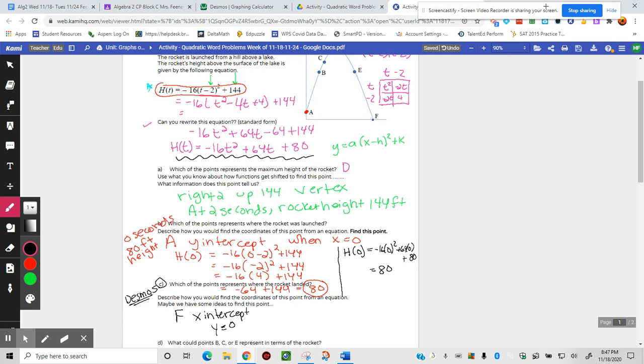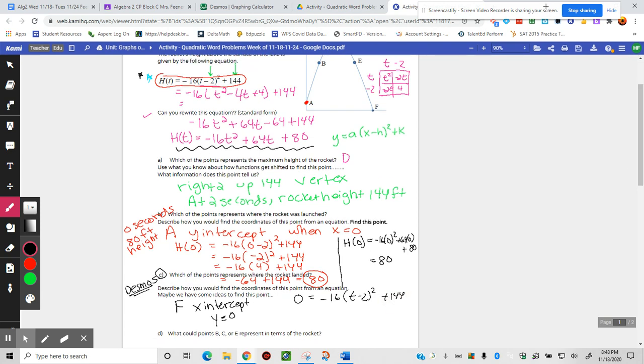Okay. Well, there are some other ways to solve it. I'm not sure what you guys have for thoughts on this, but basically, if you're trying to figure out what happens when y is 0, I'm going to go back to this regular equation here and see what happens. 0 equals negative 16 (t minus 2) squared plus 144.